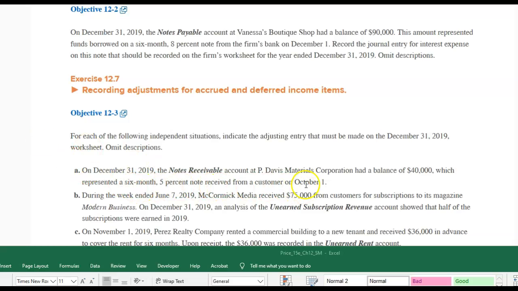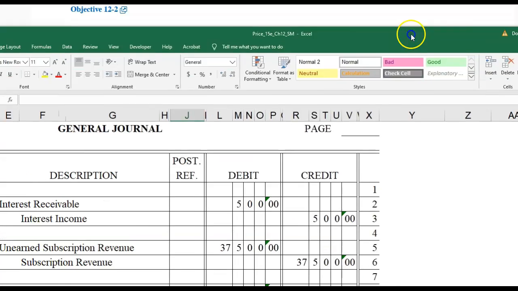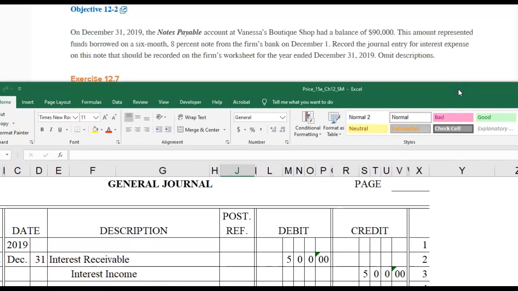But 3 months have gone by: all of October since October 1, all of November, all of December. So 3 times 166.67 will give you the $500. And that's what you'll make the adjustment for in the accounting. All receivables are debits, and interest income, all income, is always a credit.